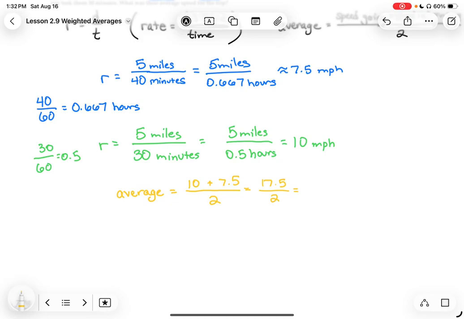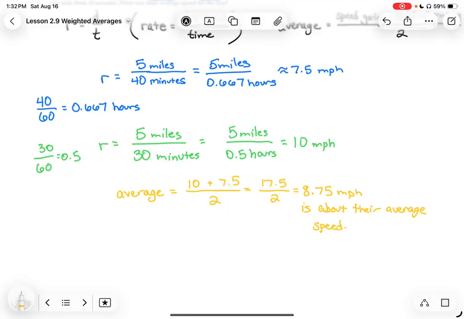And 17.5 divided by 2 is going to be 8.75. So 8.75 miles per hour is about their average speed. Okay.